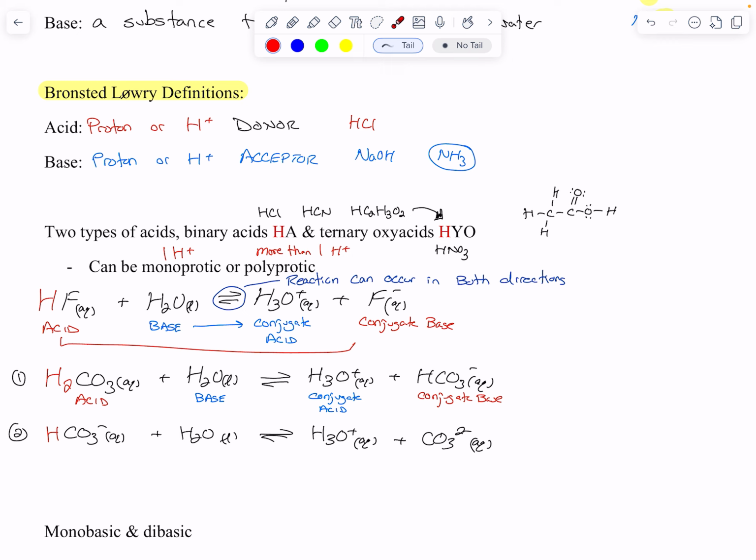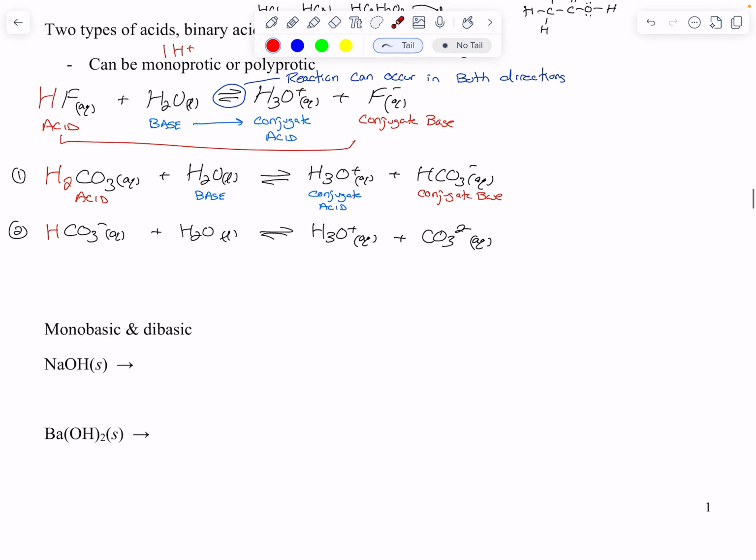So monobasic and dibasic. What do we mean by monobasic and dibasic? Well, here are 2 examples, sodium hydroxide and barium hydroxide. Sodium hydroxide breaks up in water to Na+ in solution plus OH-. So it's monobasic. 1 hydroxide comes out.